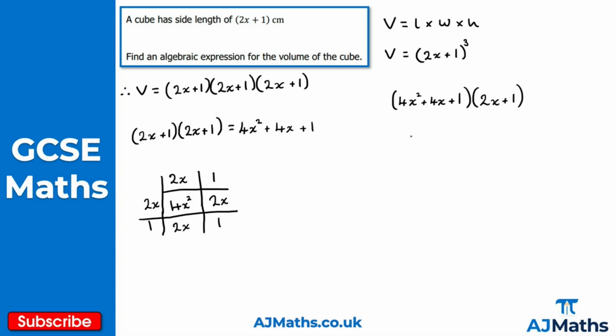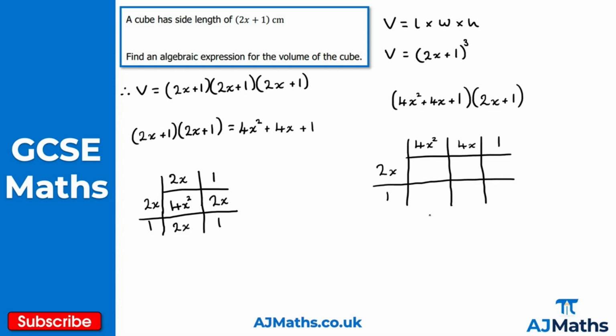So now if we evaluate this product, again using the grid method, along the top I'm going to get 4x squared, 4x, and 1. And then down the side here, we're going to get 2x and 1. Okay. So 2x times 4x squared will give me 8x cubed.